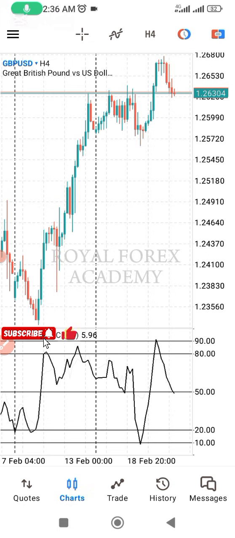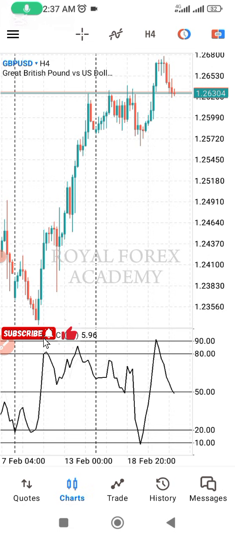Divergence plays out on all time frames. It plays out on every time frame. Before you can see a divergence, either price has bought for a long time or sold for a long time. Then divergence is a reversal signal.